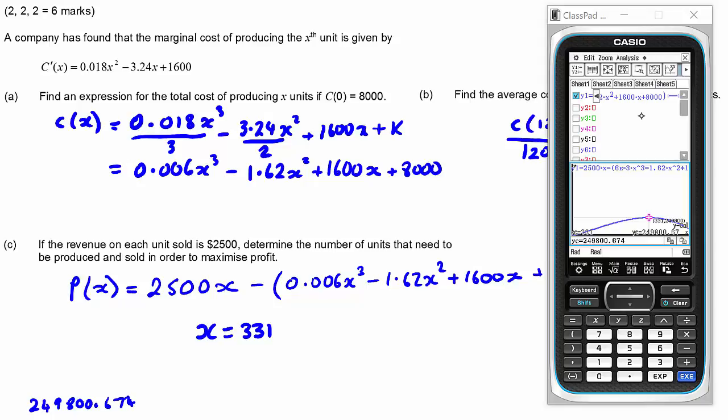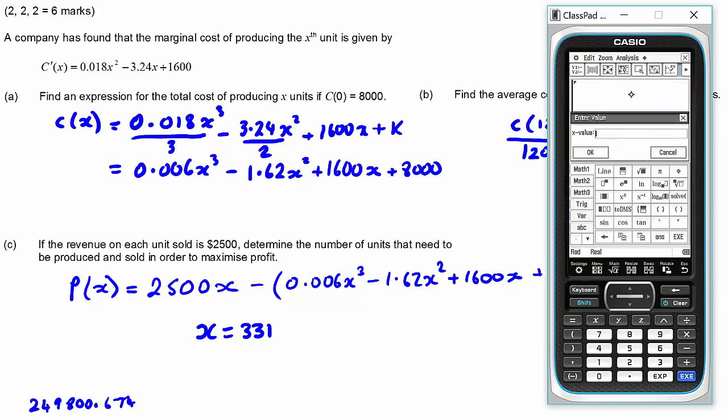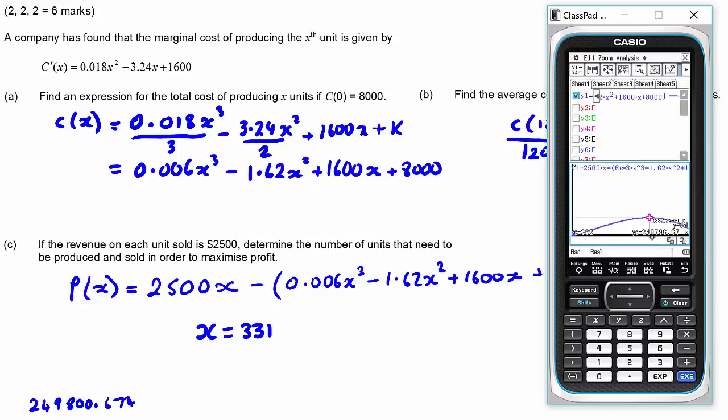And then let's do a y-calc when x is 332. And we can see 249,796, it's a bit less, so 331 is where the maximum is.